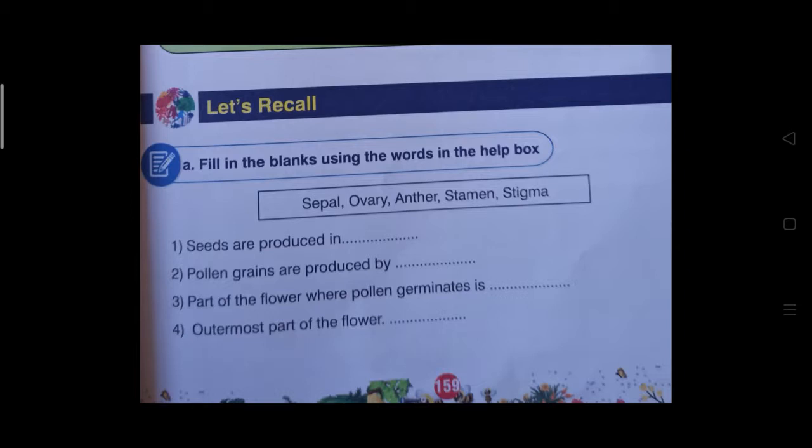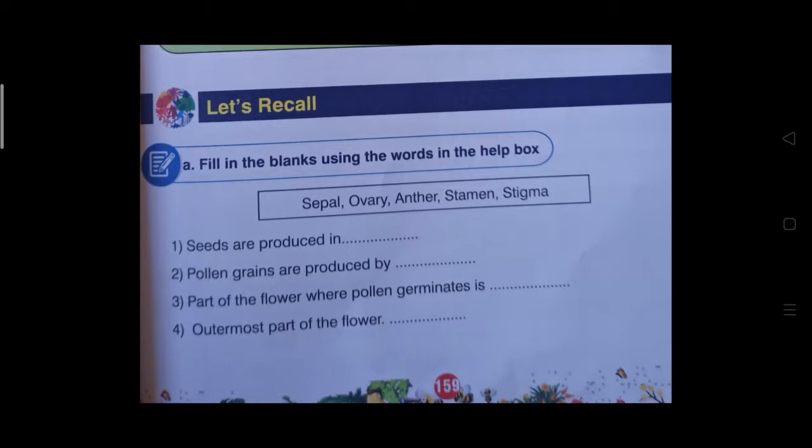The second question, pollen grains are produced by dash. Which part of the flower is producing pollen grain? Find out from the help box. Part of the flower where pollen germinates. Which part will receive the pollen grain, where the pollen grains will fall down?